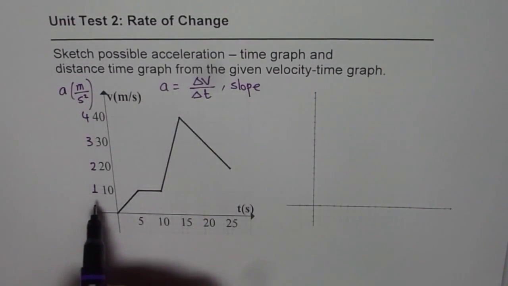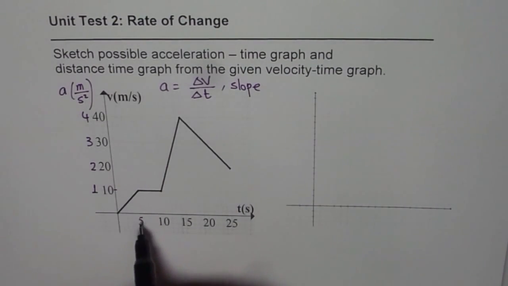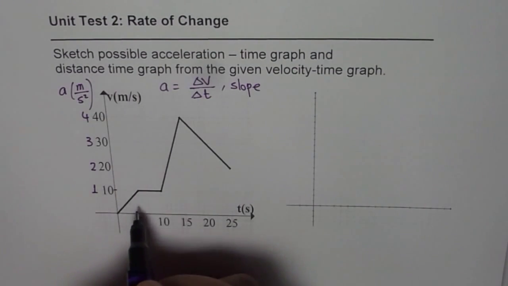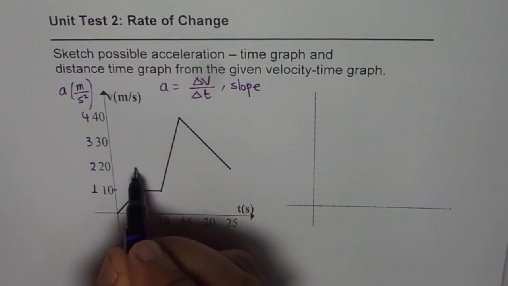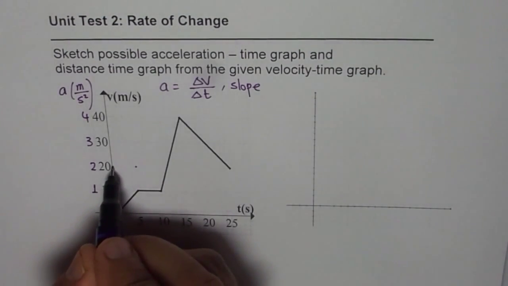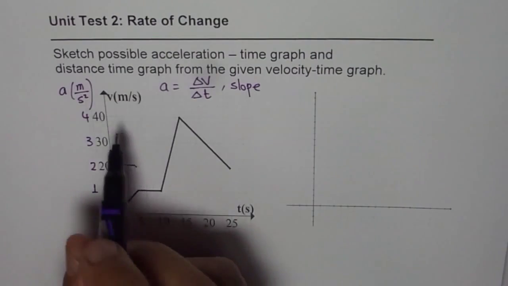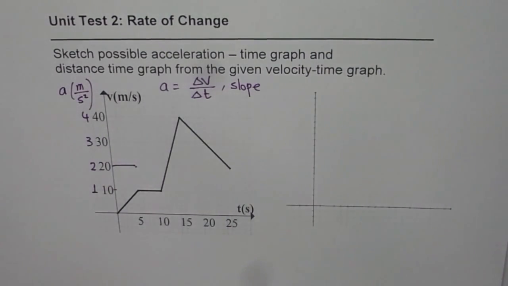So 10 divided by 5 is 2. Between this interval we have 2 meters per second square. That becomes the acceleration during the first 5 seconds, correct?